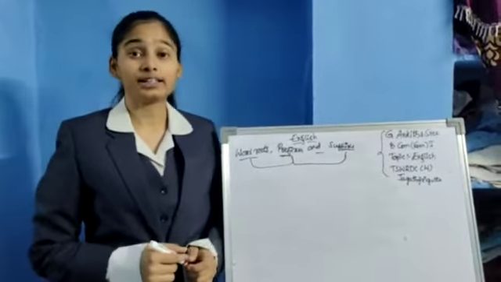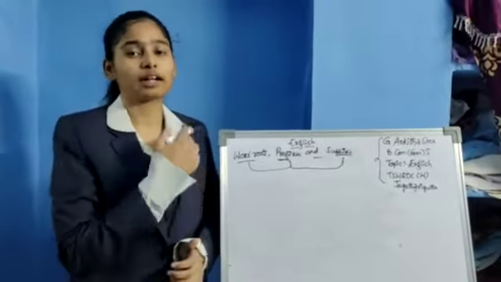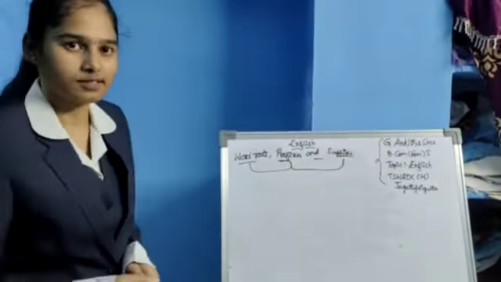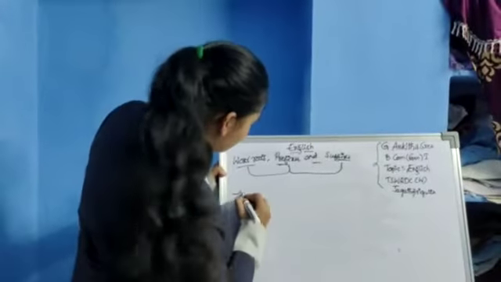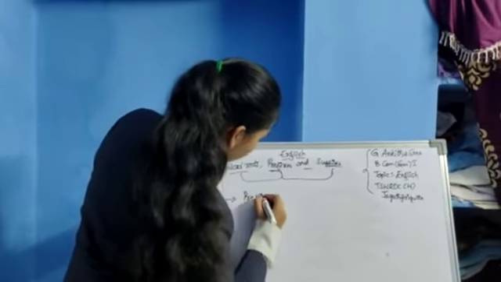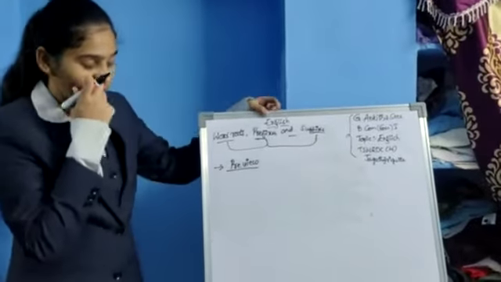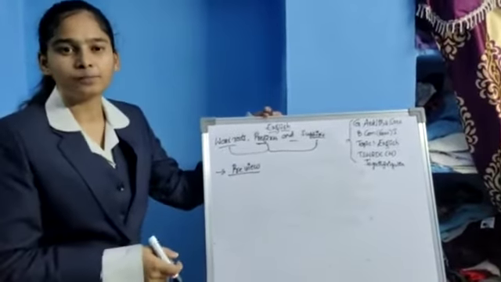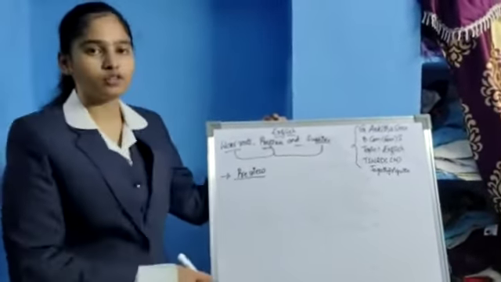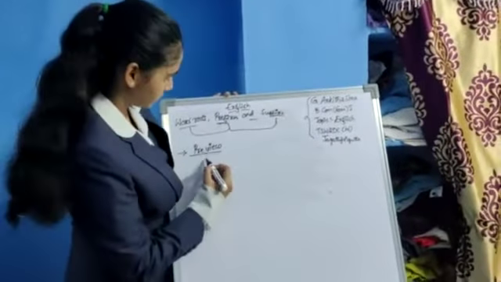Let us go with some more examples of word root combining with prefix and suffixes. Let us take the word preview. If you go into this word, what can you find? There are two parts in this one.